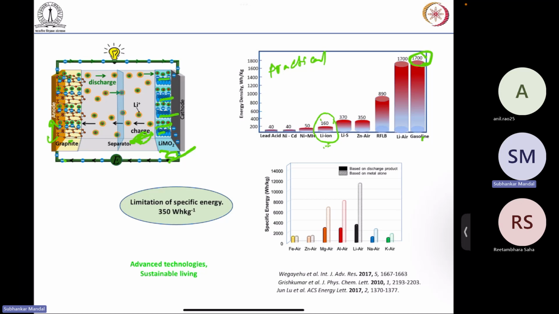So that shows how low the lithium ion battery is. That is why people use gasoline or fuels in vehicles, because the energy density is quite high for gasoline.